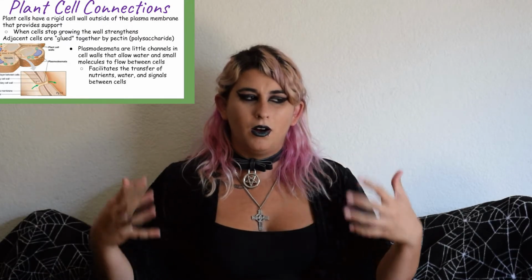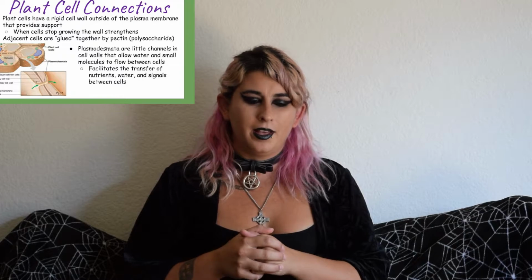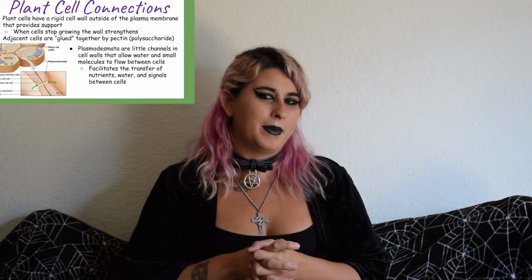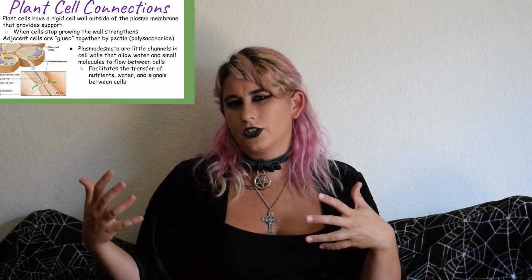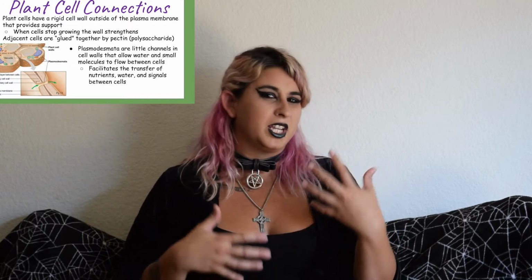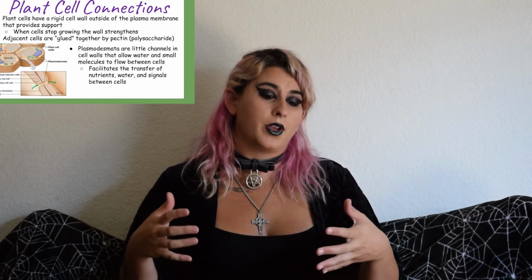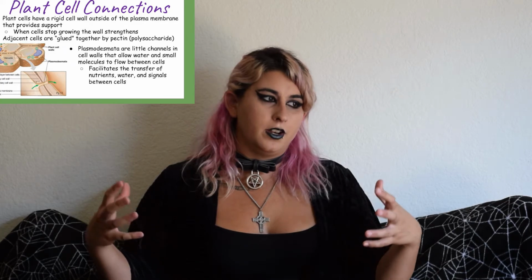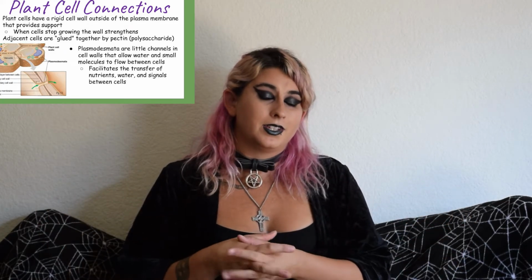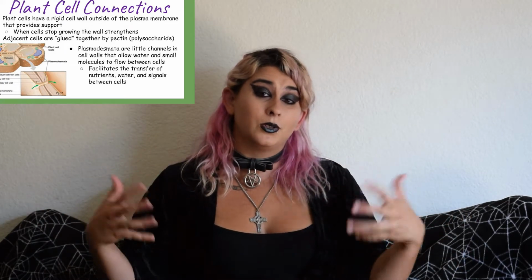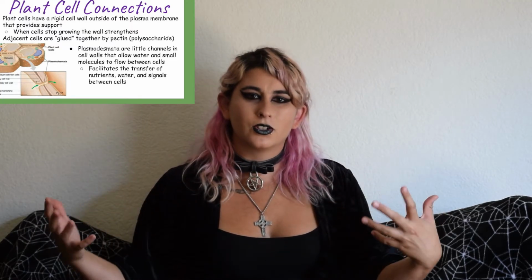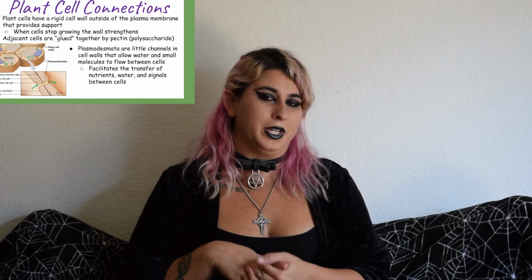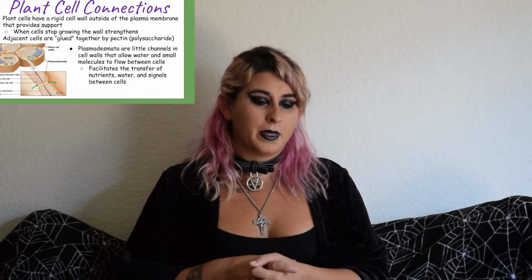But also when those cells stop growing, that wall strengthens, and it seems like that might hinder certain cellular functions, especially with transmitting signals, because the wall is more rigid and not quite as easy to get signals and molecules and other things through. So it may hinder the communication between cells in a plant.